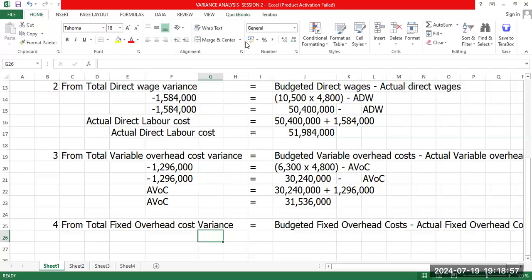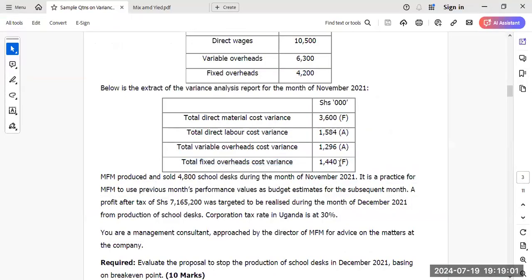The variance, is it favorable or adverse? It is favorable, meaning this figure is positive: 1.44 million.